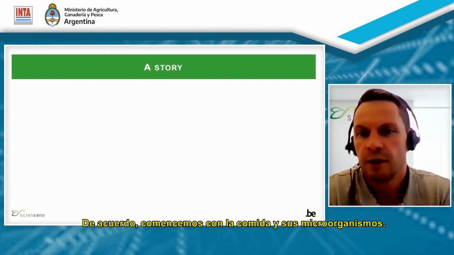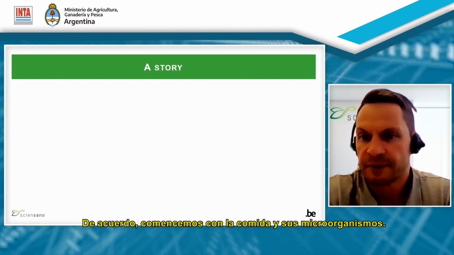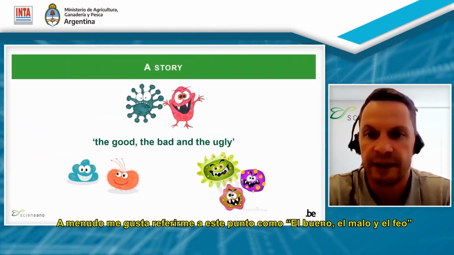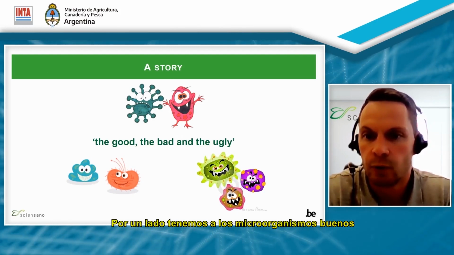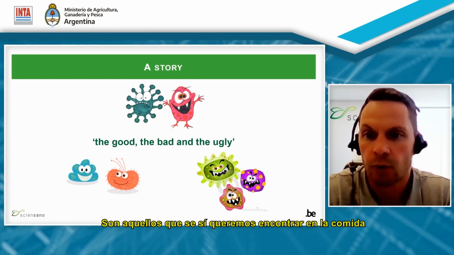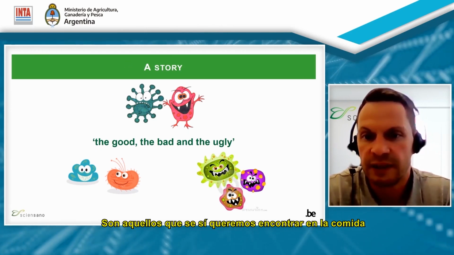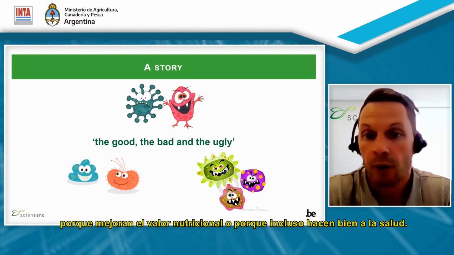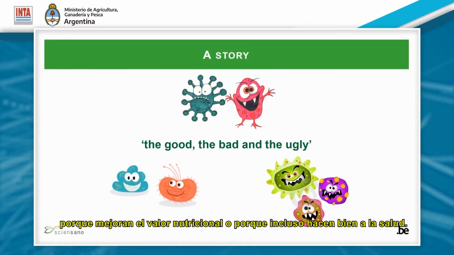So let's start with food and its microorganisms. I often like to refer to it as the good, the bad, and the ugly. On the one hand, you have the good ones. I think this speaks for itself. Those microorganisms we actually want to see in our food because they are important for flavor, texture, or because they enhance the nutritional quality.